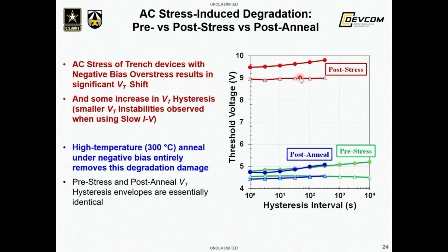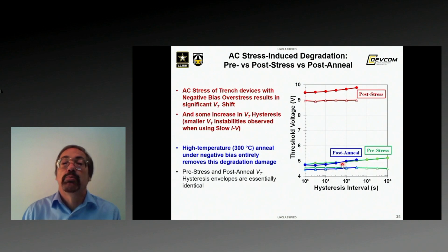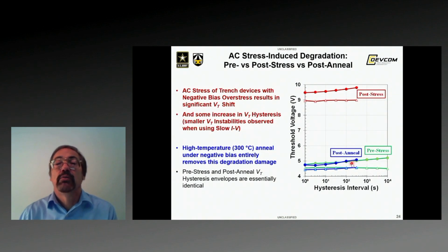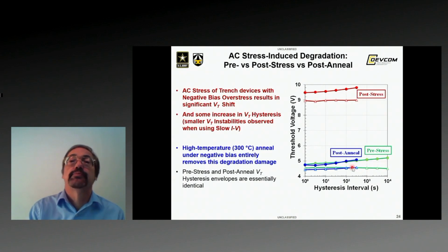It's not as large as it would have been for a fast IV measurement, of course, but nonetheless, with the slow IV, you see the large positive VT shift that occurred due to the AC stress degradation. And then we also see that high temperature anneal under negative bias entirely removes this degradation damage. And so the pre-stress and post-anneal hysteresis envelopes basically lie on top of each other.